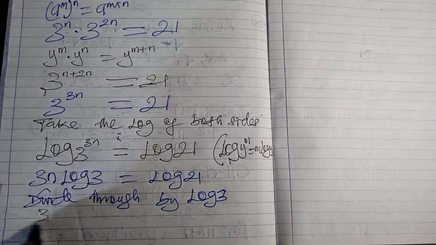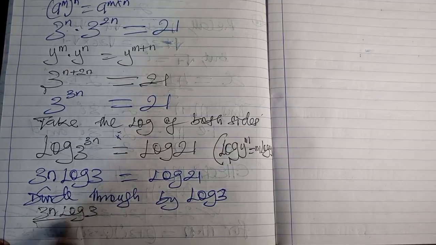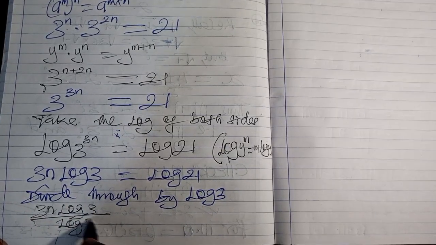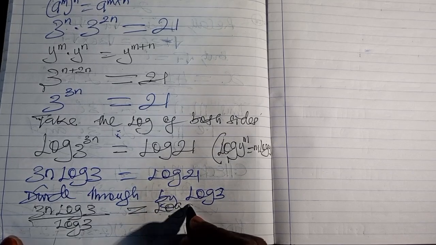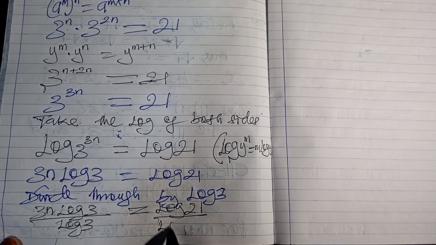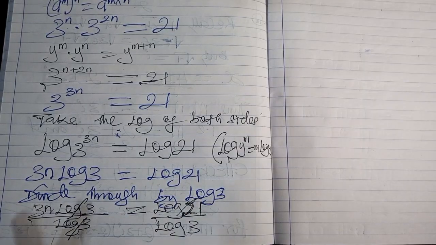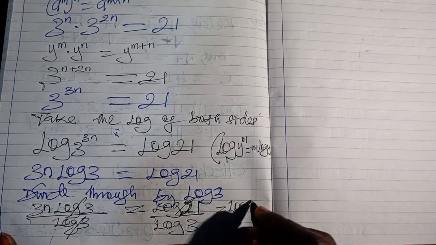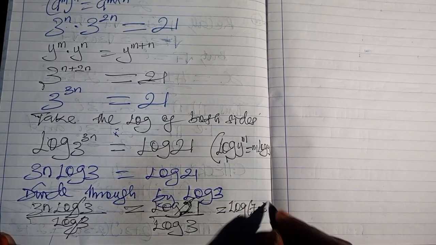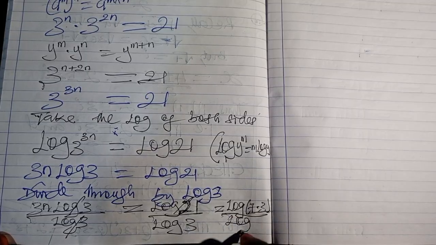I will have 3n divided by log 3. This will give us log 21 divided by log 3. So that this log 3 can go. Okay, this log 21 and the log 3 is same as log 7 multiplied by 3 divided by log 3.